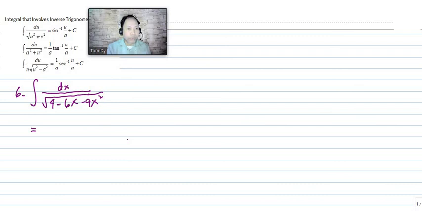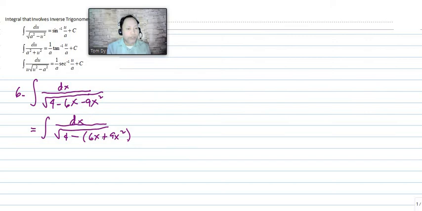Rearranging this one if we follow this formula, we have dx over the square root of 4 minus, open parenthesis, 6x plus 9x squared. If we multiply negative times 6x, that is negative 6x, and negative times positive 9x squared is negative 9x squared.